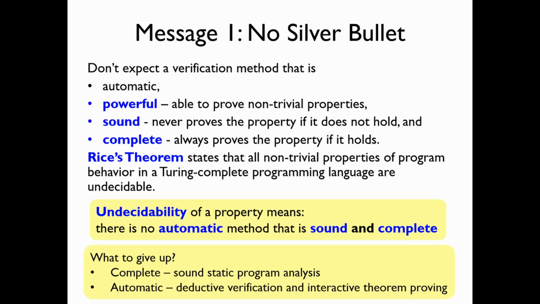If we are ready to give up the requirement to be automatic, and thus expect a little, in fact quite a bit of help from our friend, the user, the developer, or the verifier, we may use some way of deductive verification supported by interactive theorem provers or similar techniques. We prefer to keep soundness and automatic way of working, but to give up completeness. You will see the consequences and nature of the above methods on the following slides.